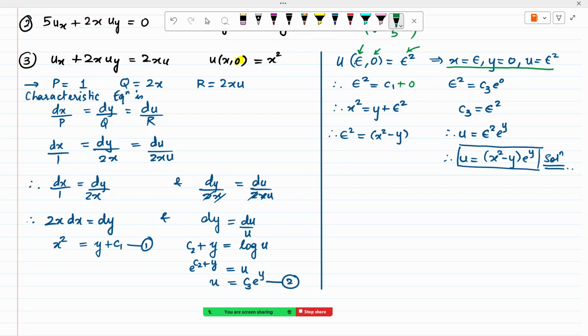So I need to calculate the value of epsilon square, which I need to remove. So epsilon square is nothing but x square minus y from the first equation, and I put it in the equation of u. And that gives me u is equal to x square minus y multiplied by e raised to y. I hope this is clear.